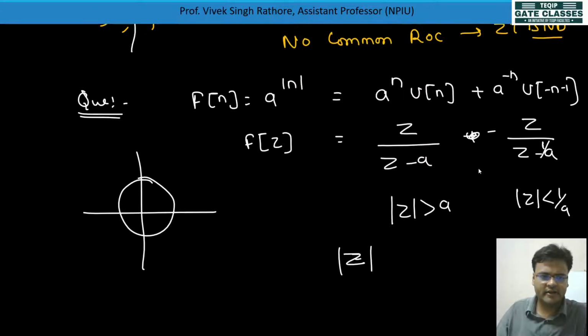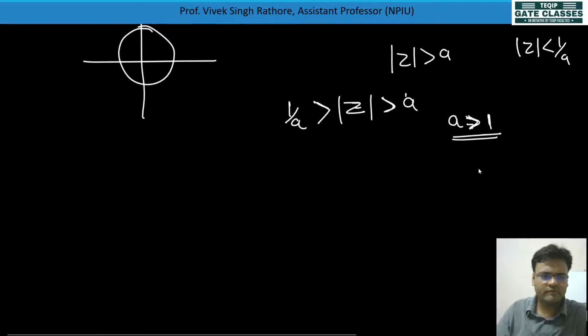It is greater than a, and mod z is less than 1 by a. So if your a value is greater than 1, will it be possible? Let's suppose a is equal to 2.